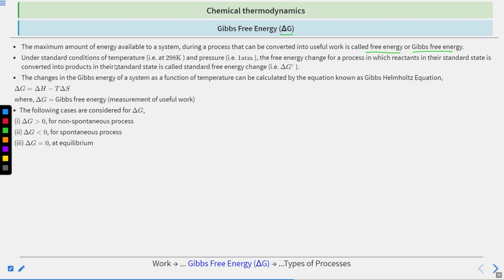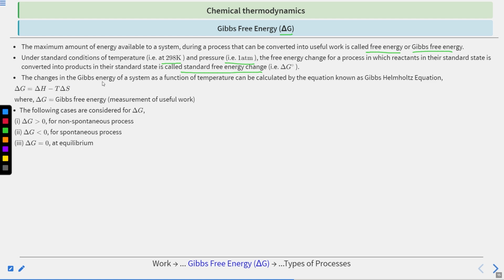Under standard conditions of temperature, that is 298 Kelvin, and pressure, that is 1 atmosphere, the free energy change for a process in which reactants in their standard state are converted into products in their standard state is called standard free energy change. So Gibbs free energy change and standard free energy change differ in that, in the standard free energy change, the reactants and products are at their standard state.